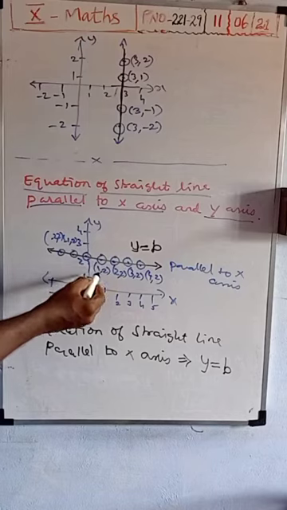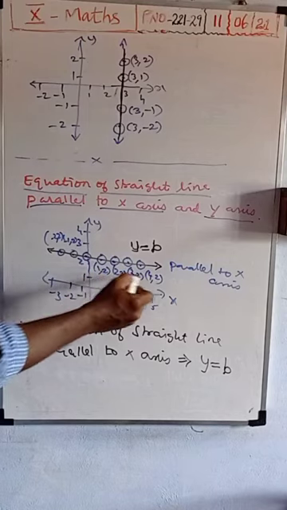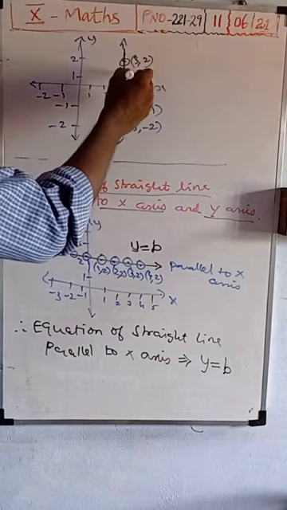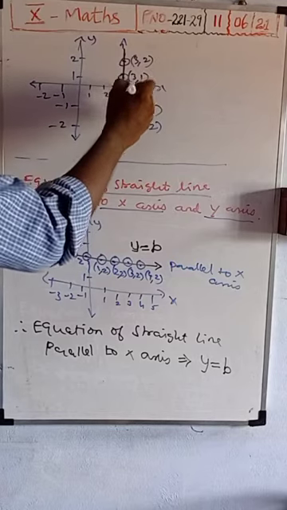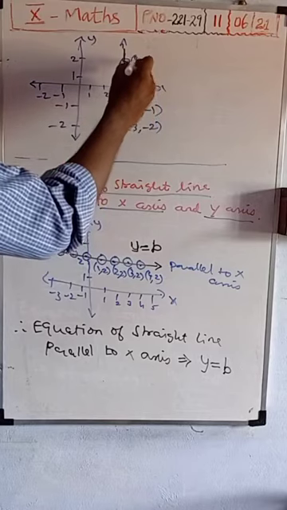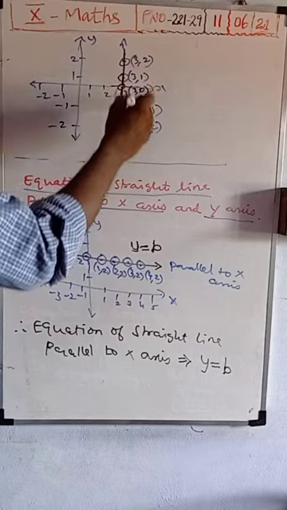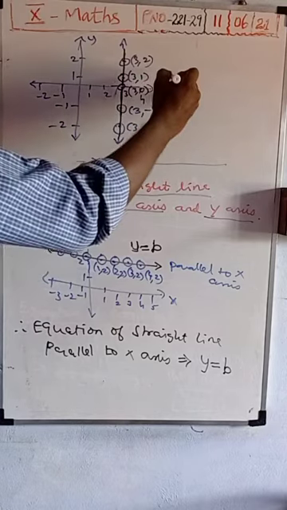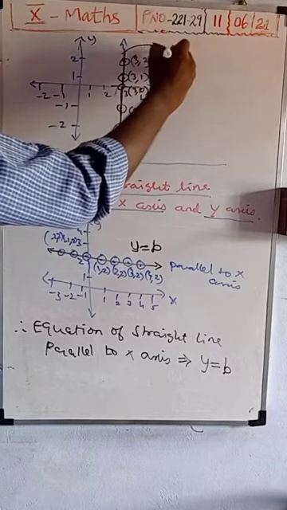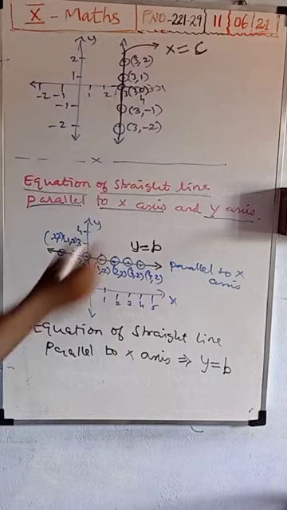The x point does not change, the y point alone is changing. All the x values we are getting are 3: 3 comma 2, 3 comma 1, 3 comma 0, 3 comma -1, 3 comma -2, and it goes on. So x is constant, which means the equation of a line parallel to the y axis has x constant, so x equals c.